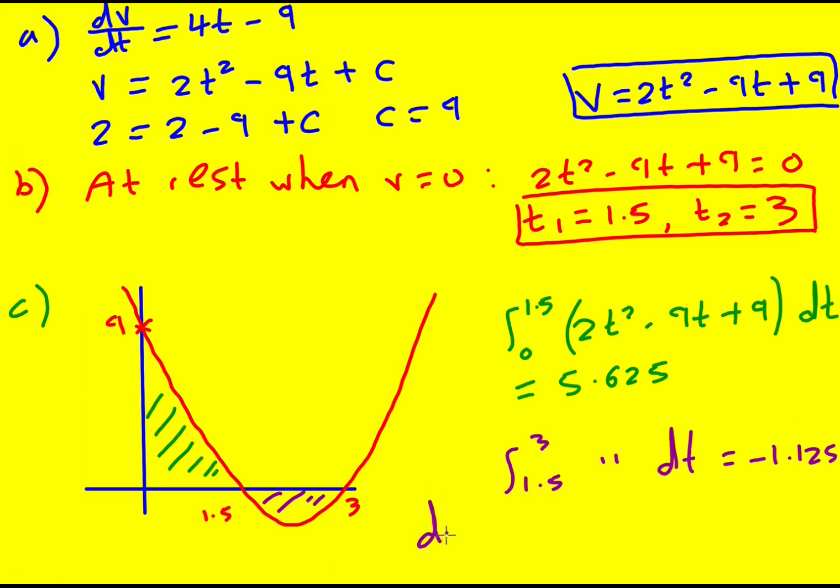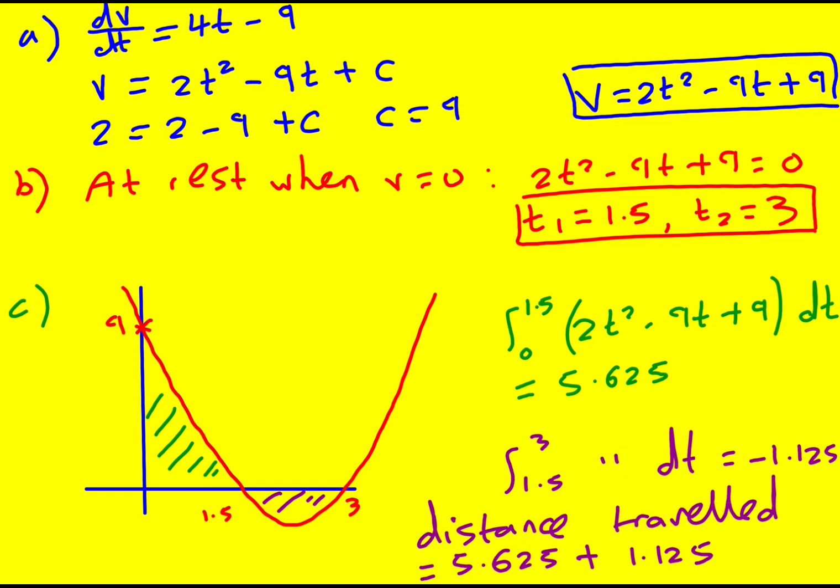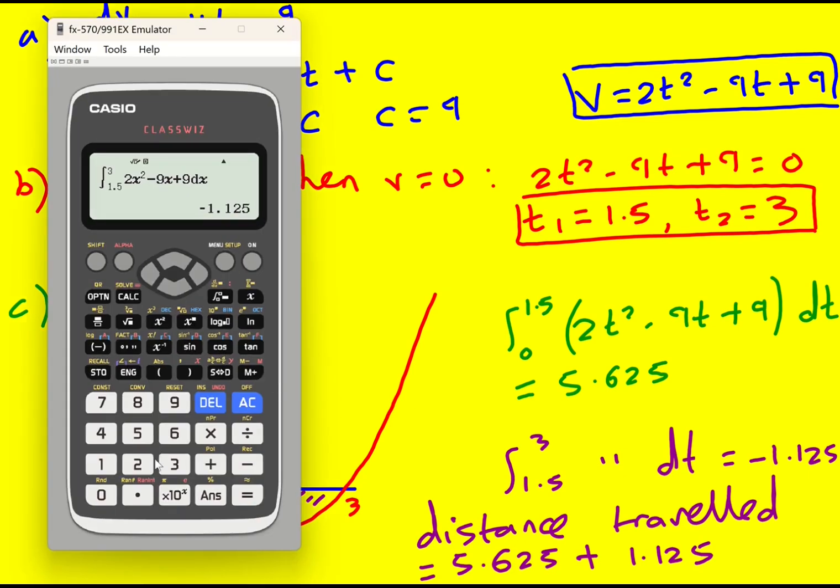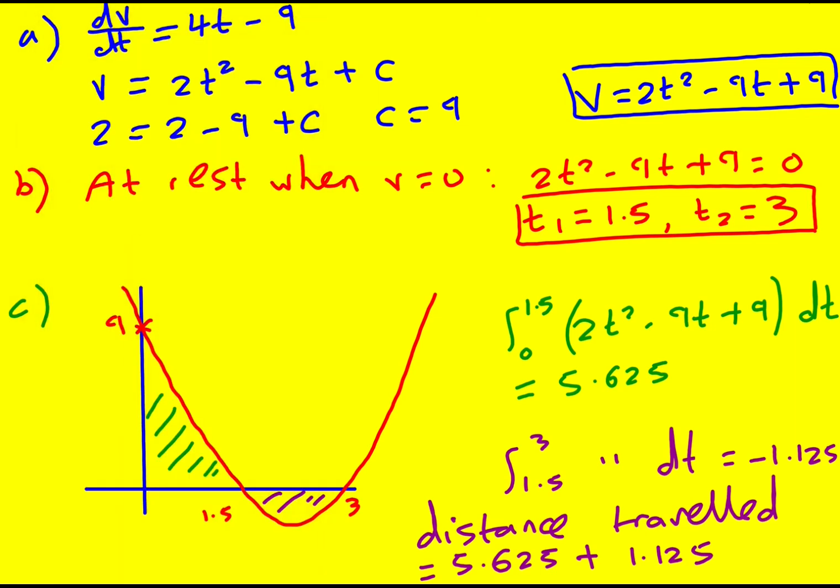So the distance traveled is going to be 5.625 plus 1.125, or you can minus the negative. That's what I'm going to do here, which gives us 6.75. That's our answer.